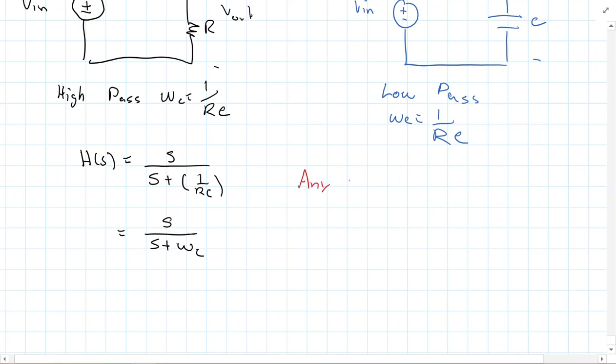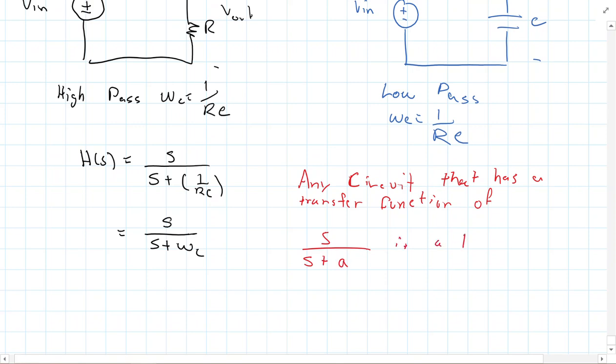Any circuit that has a transfer function of S over S plus A is a high-pass filter with cutoff frequency omega c equaling A. So that's again where the beauty of transfer functions comes from.